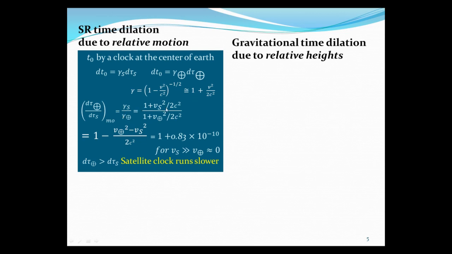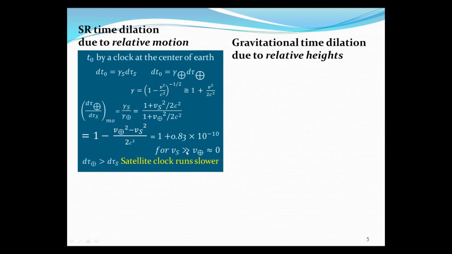Then I plug in the gamma factors in terms of velocity, and I move the velocity of the position on the surface of the Earth from the denominator to the numerator so it becomes minus. So I get this expression. This measures the deviation, or the fractional change, of the time on Earth compared with the satellite, and it says it's about one part in 10 billion.